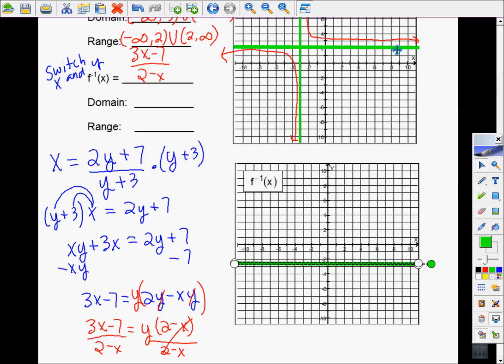Negative 3. So they just switch? So now, do you see the pattern with rationals? So what happens with rationals? Their asymptotes switch, right? So the inverse of a rational, their asymptotes are going to be the opposite.